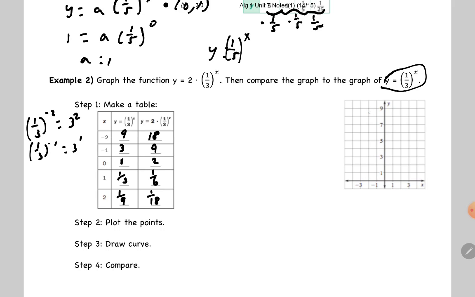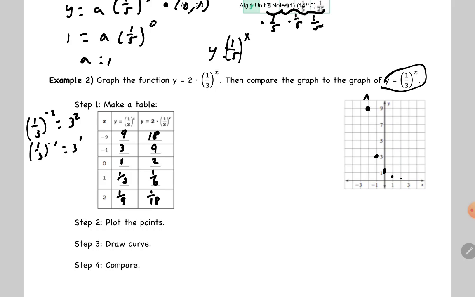-2, 9. -1, 3. 0, 1, yep, 0, 1. 1, 1/3. And 2, 1/9.